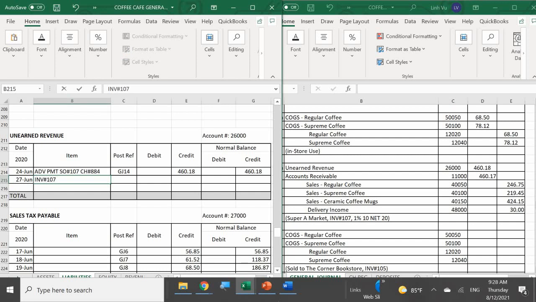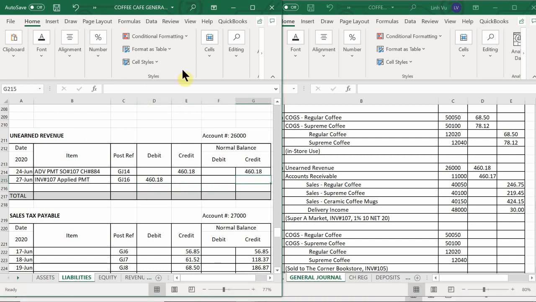We're on general journal 16. I just put applied payment so you know exactly what that means. All right, so our debit amount is going to be the 460.18, which will bring the balance in the account to 0. Good. We zeroed out our liabilities.